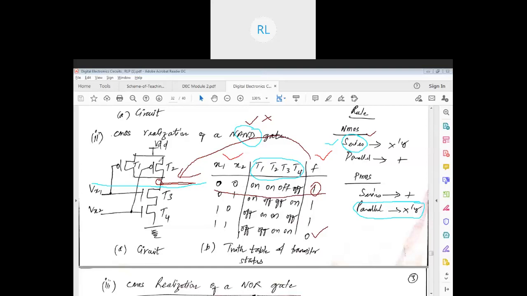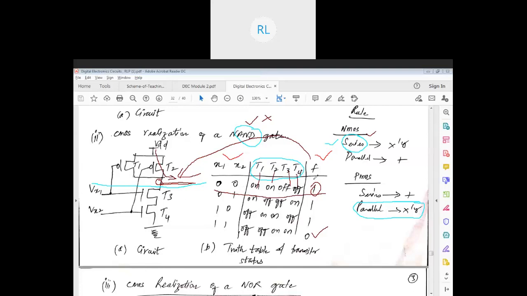Now let us take the first case. When it is 0 0, normally what should happen? Since it's a low input, my T1 and T2 turn on, just like how we saw in our inverter. Since it's a 0, my T3 and T4 go off because they need a high potential, not a low potential.